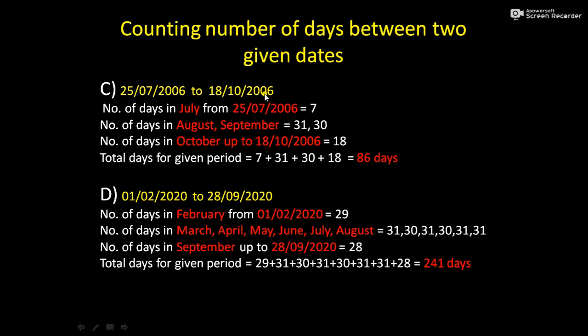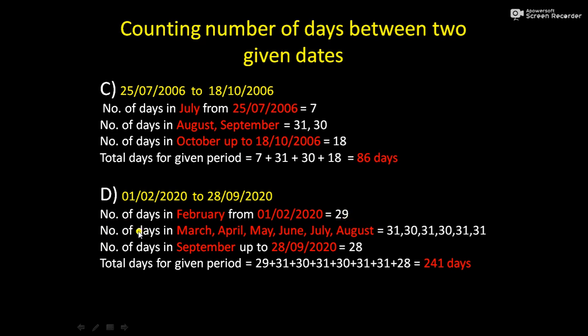Now coming to the last example, 1st February 2020 to 28th September 2020. Here you see the number of days in February from the starting date. Since this is 2020, this is a leap year. In a leap year February has 29 days, and because the starting date is the 1st, from 1st February to 29th February we have 29 days.